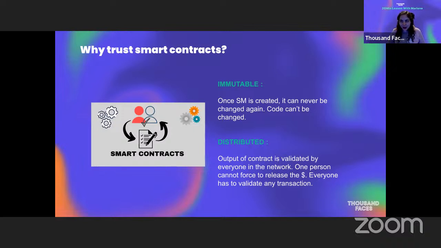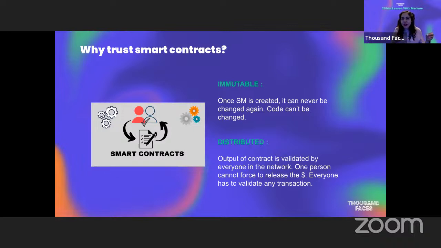And the second aspect that we just discussed is the distribution. The output of a contract is validated by everyone in the network. One person cannot force the release of the funds, and everyone has to validate this transaction.